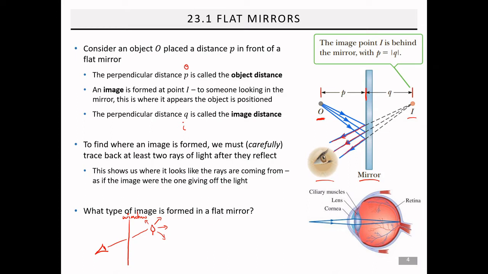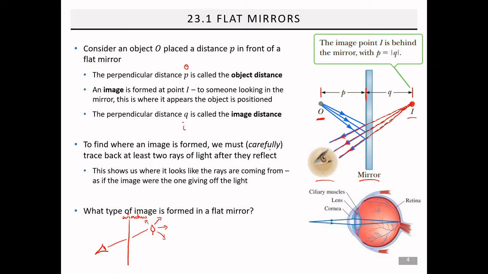To find where it looks like these light rays are coming from, you have to trace them backwards in a straight line. So in this case, you follow the dotted lines back to the image. The point where those light rays converge, or where it looks like they converge, is the image location.